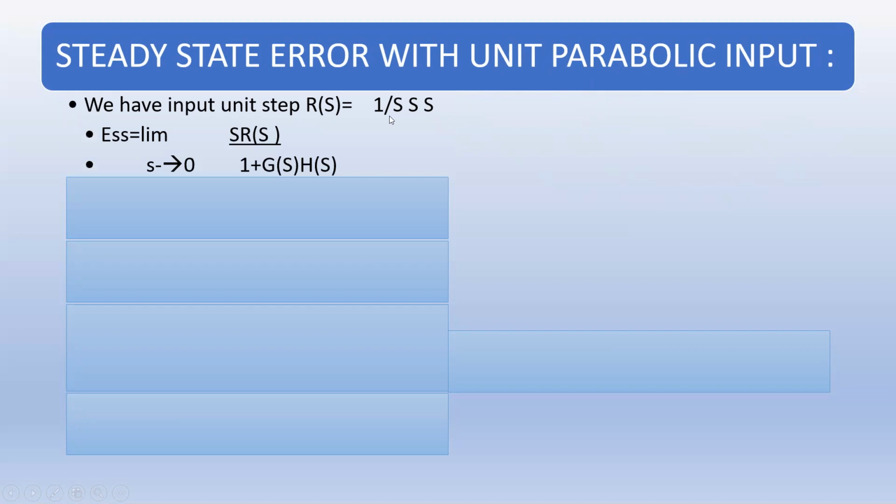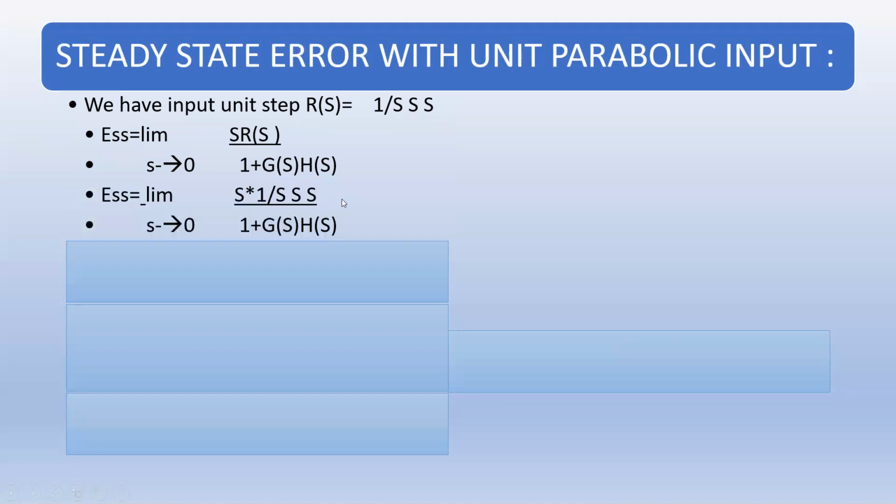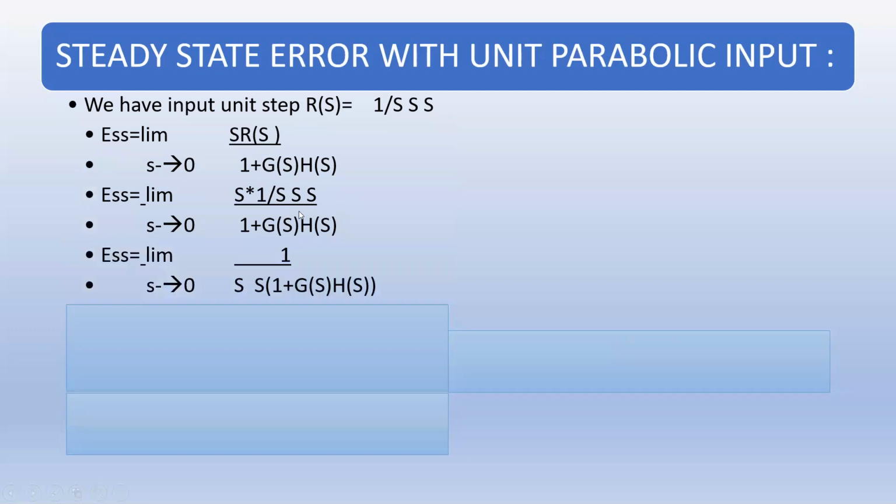If we substitute this 1 over s cube in the steady state error, we have e_ss equal to limit s tending to 0 of 1 by s square into this denominator. This s square gets multiplied with the denominator, giving limit s tending to 0 of s square plus s square into G(s)H(s).